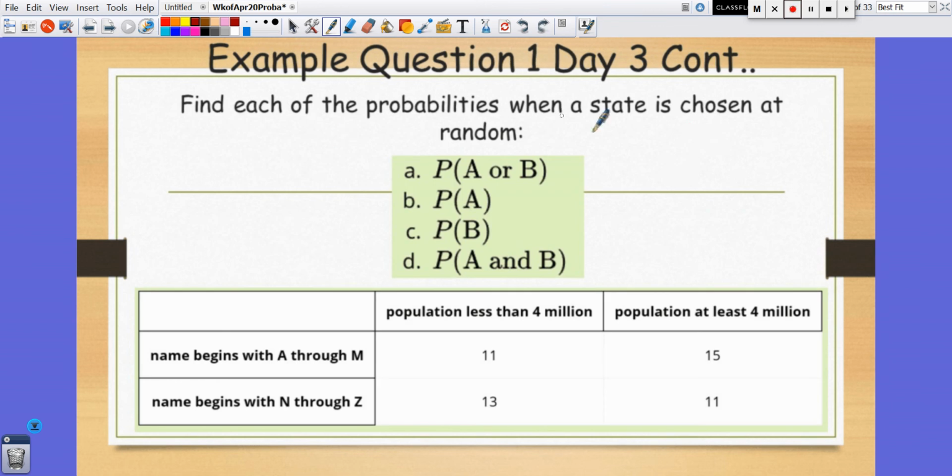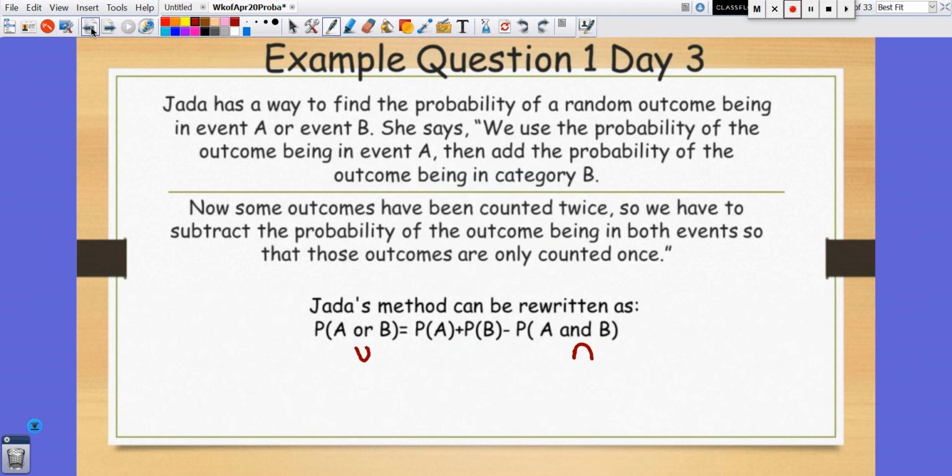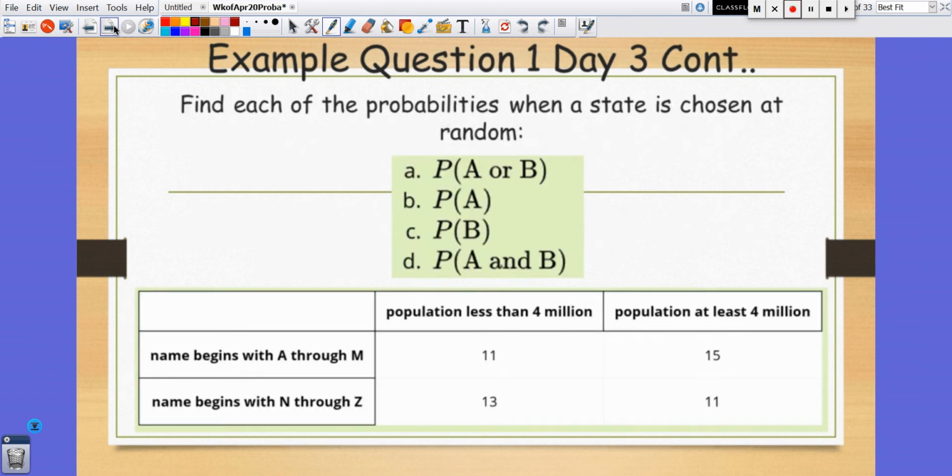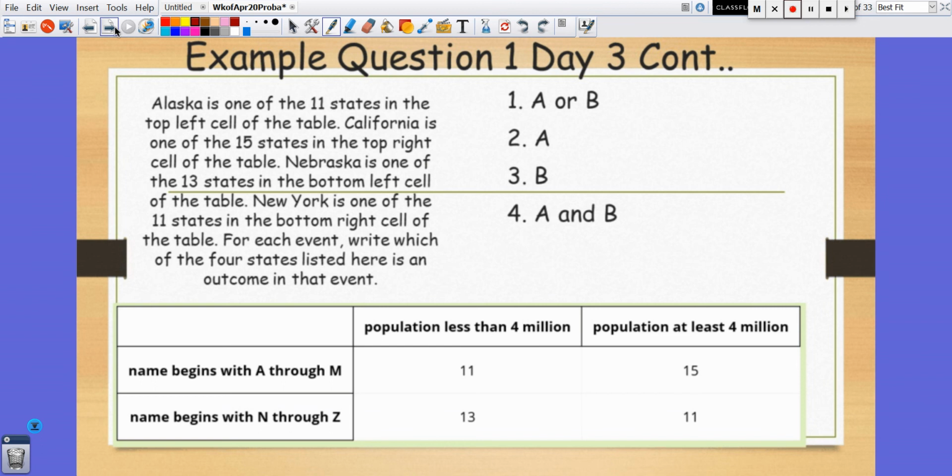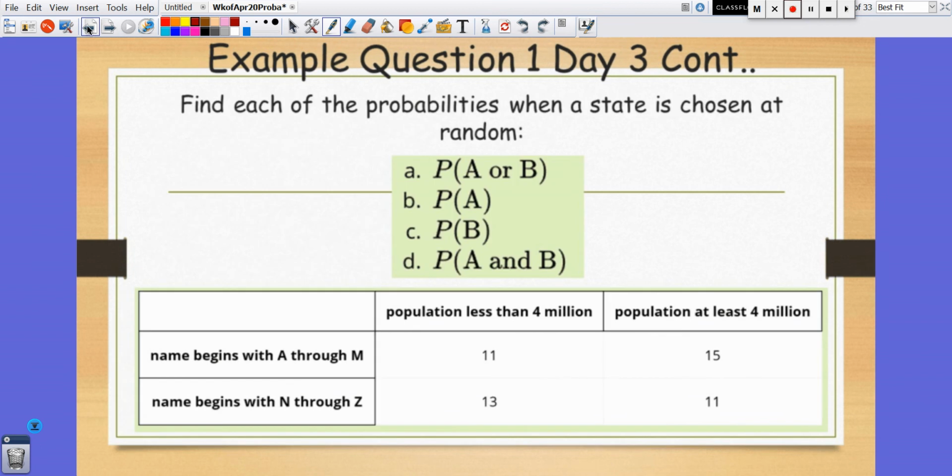It says to find each of the probabilities when a state is chosen at random. I think I'm missing some information though. Yeah, this is backwards.